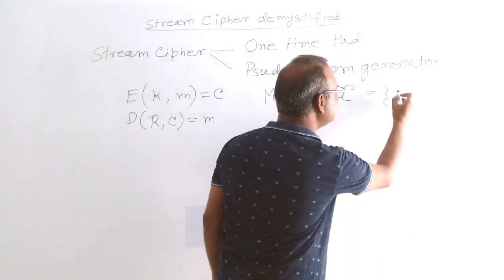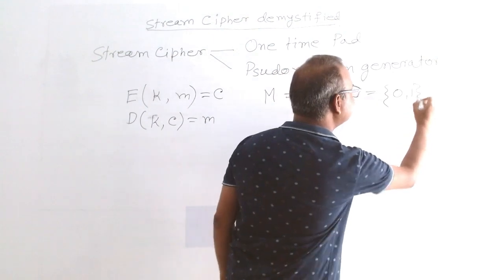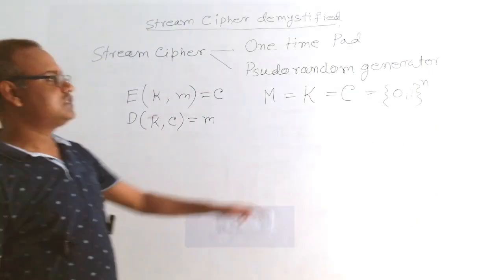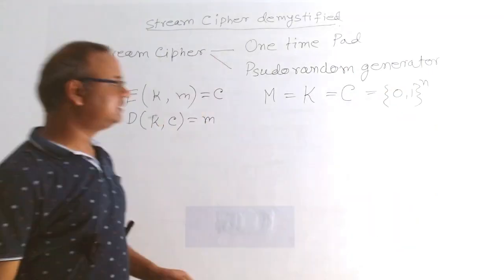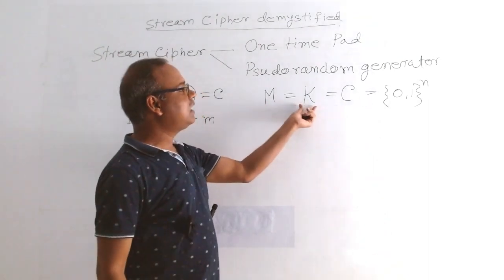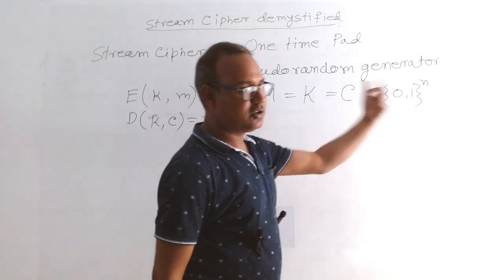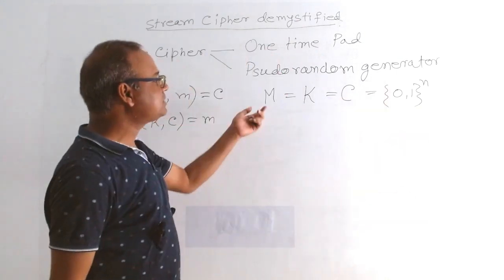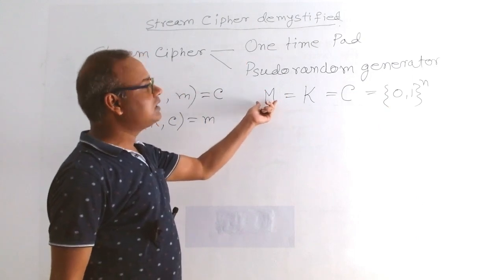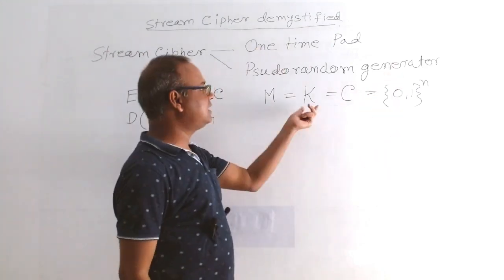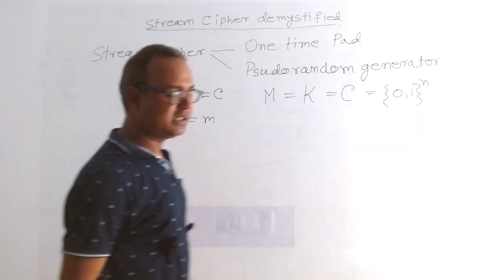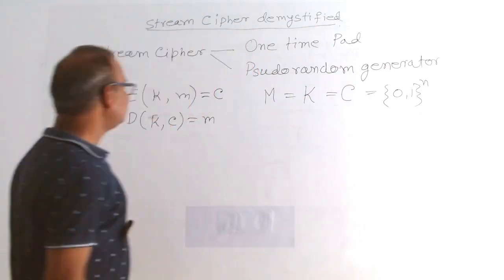Let's say it is n bit long, so you can write this as {0,1} to the power n, which signifies it is an n bit long message. So all the messages will be n bit long, key will be n bit long, and ciphertext will also be n bit long. If someone sends another message, let's say M1, then that may have a different length, and the key will be the same size as the message, and the ciphertext will be of the same size as the message. So n may vary depending on the message.